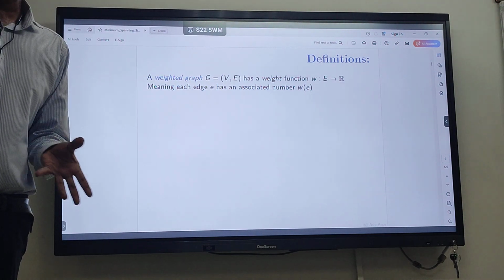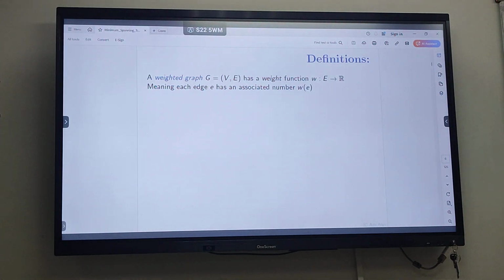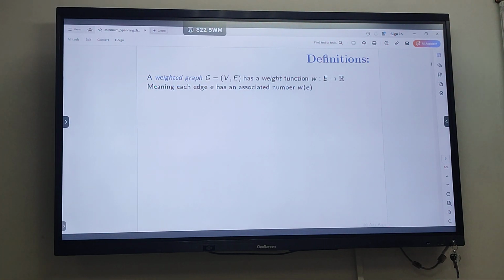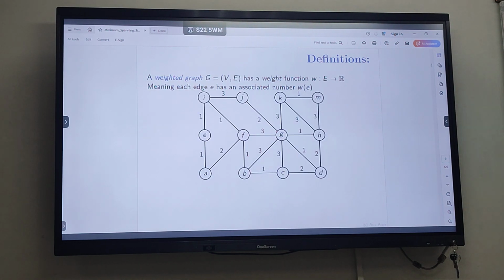So a weighted graph, I think you all know, is just another graph that has a weight associated with each edge. A weight is basically a number. It can be a real number or an integer. So this is an example of a weighted graph.